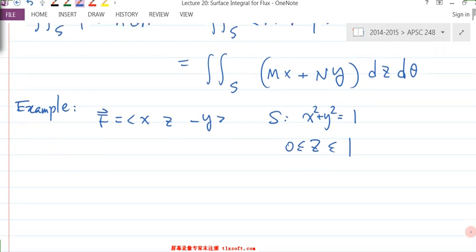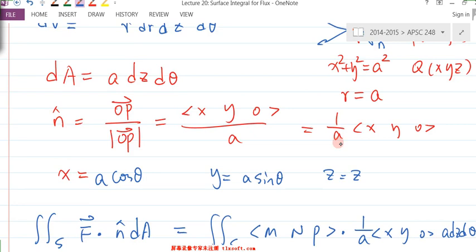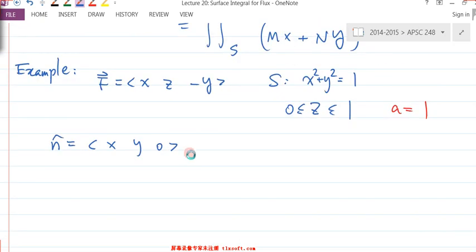Okay, so let's do this according to the formula that we just derived here. In this particular case, A equals 1. Then what is n hat? So x, y, 0. Here's n hat. And what is the dA then? So we can manipulate now.